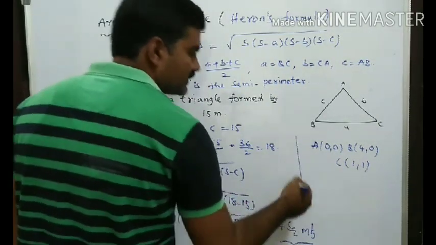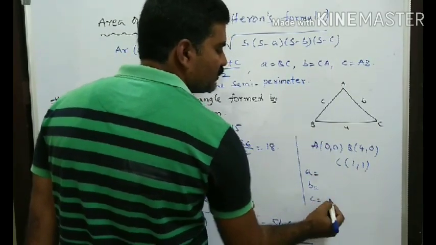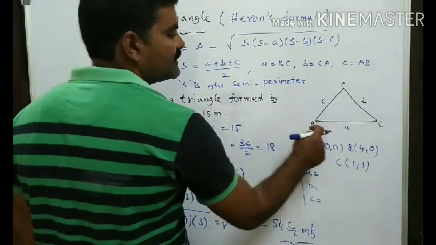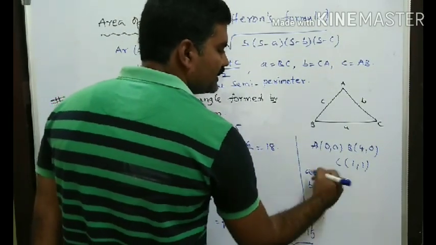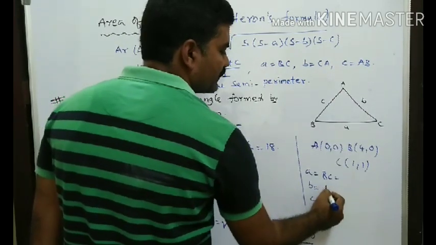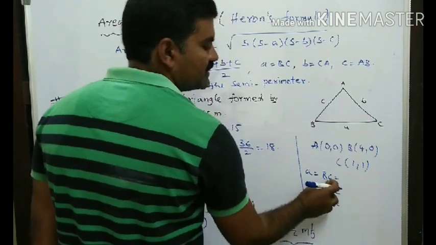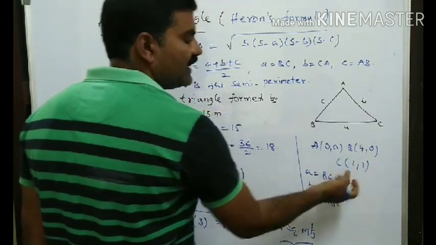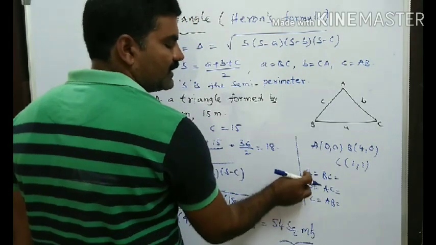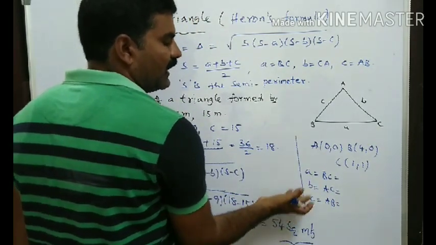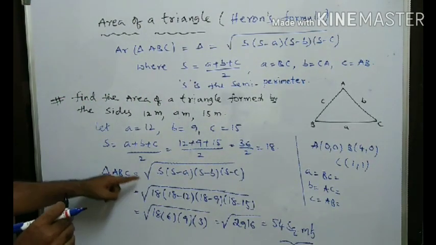If not, do one thing, find out small a, small b and small c. Small a is the length of BC, small b is AC, and small c is AB. I mean BC is the distance between B and C. So using the distance formula we can find small a, b, c, and then after knowing them you can go with S and then the formula.